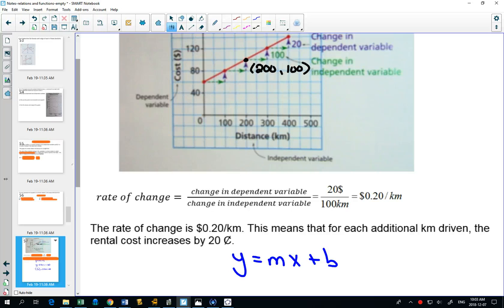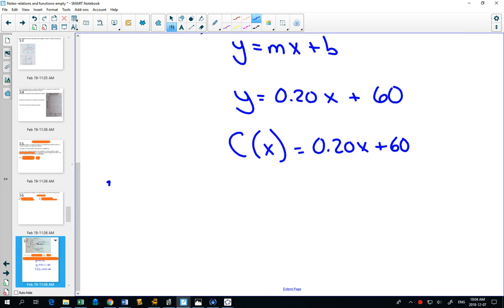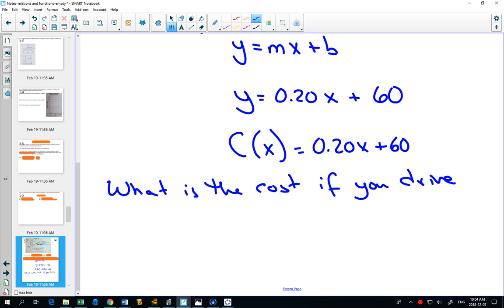Let's see if our equation says the same thing. So our question is, what is the cost if you drive 200 kilometers? Well, from our graph, we already know the answer is $100.